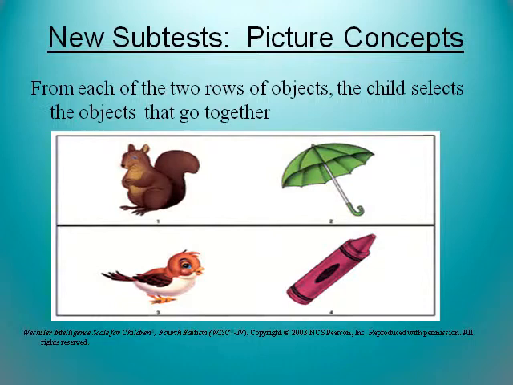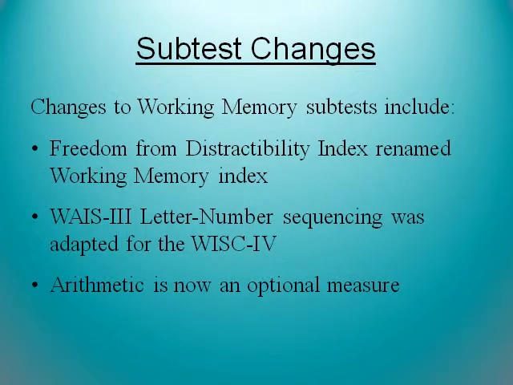It is now a core test in the PRI and measures fluid reasoning and abstract categorical reasoning ability. Solutions to easier items are generally attained by reasoning ability on concrete representation, whereas more difficult ones look at abstract reasoning. So for instance, from each of the 2 rows of objects, the child selects the objects that go together. So those are the new subtests.